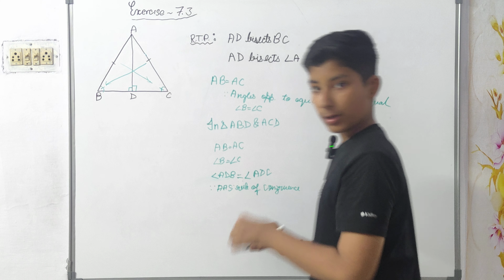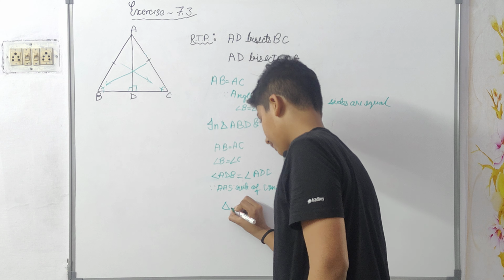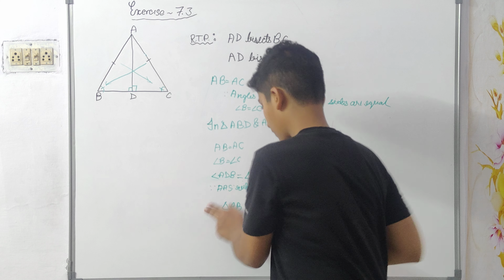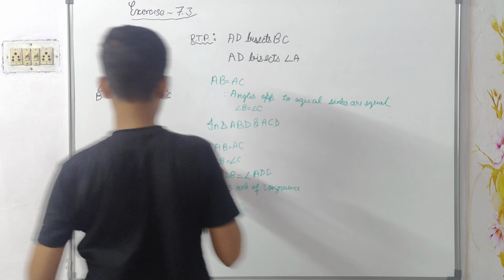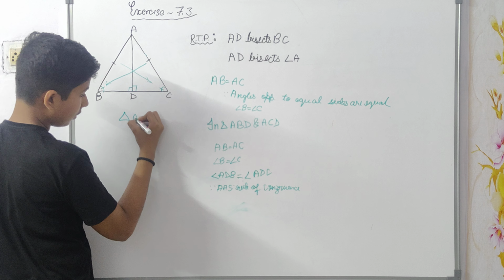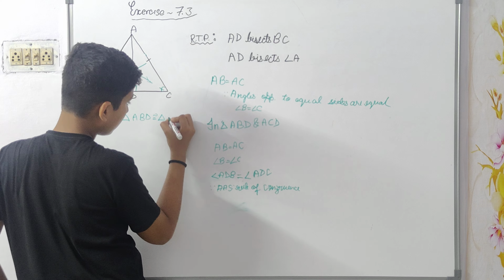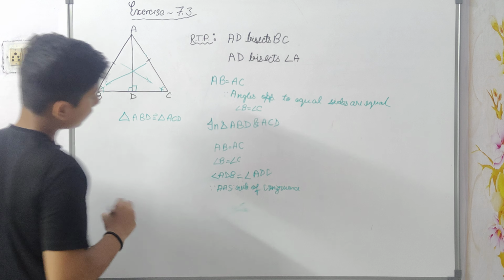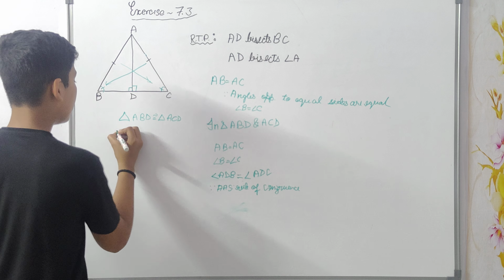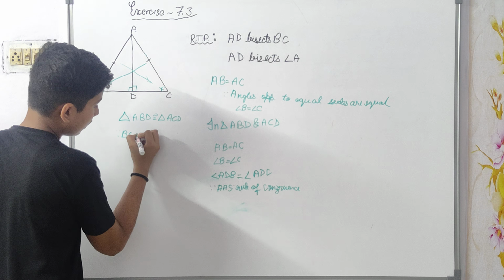Triangle ABD congruent to triangle ACD. Oh, very bad handwriting. Triangle ABD congruent to triangle ACD.